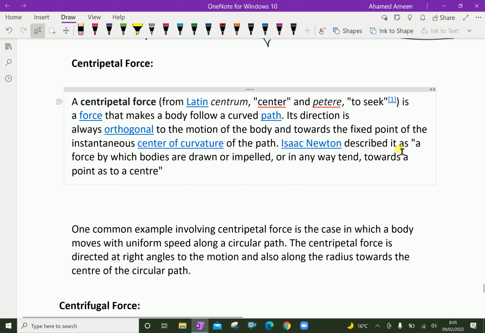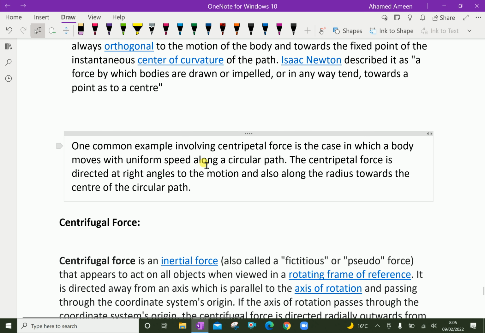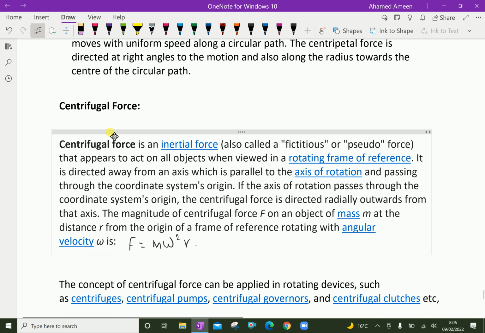Isaac Newton described it as a force by which bodies are drawn or impelled, or in any way tend, towards a point as to a center. One common example is the case in which the body moves with uniform speed along a circular path. The centripetal force is directed at right angles to the motion and along the radius towards the center of the circular path.